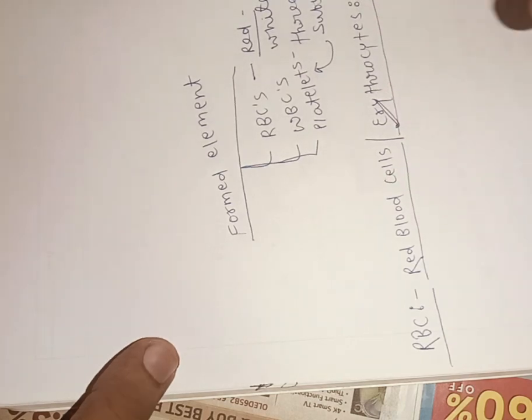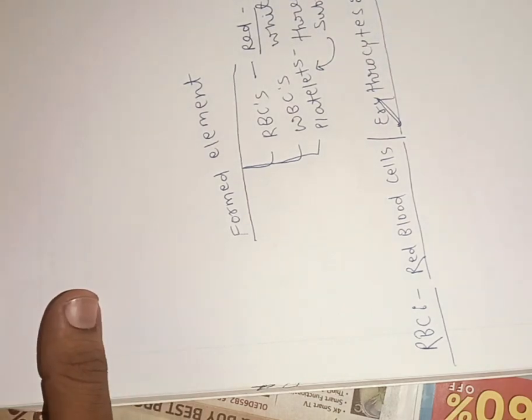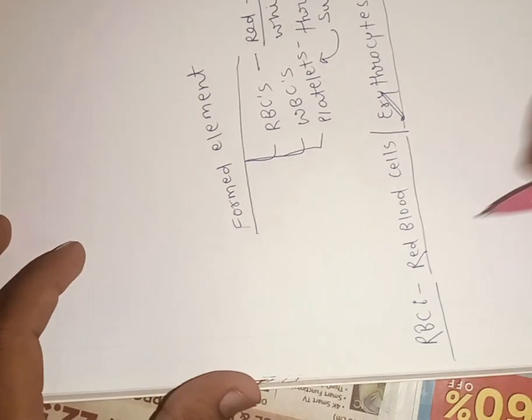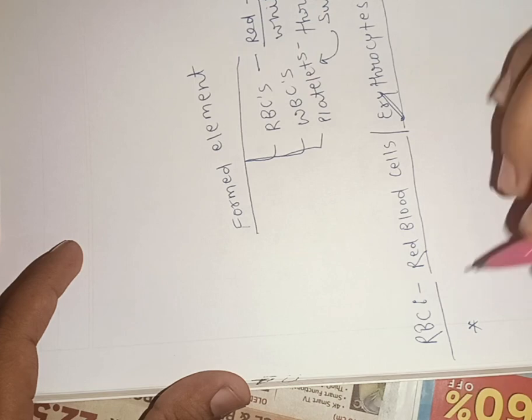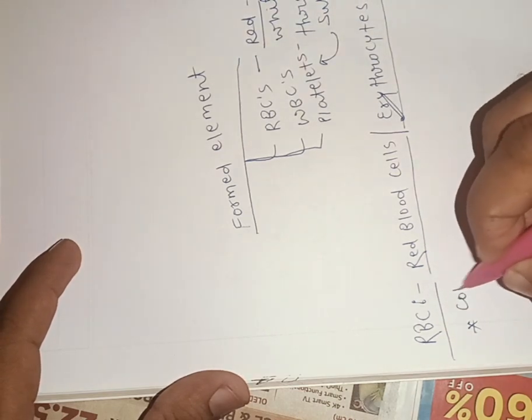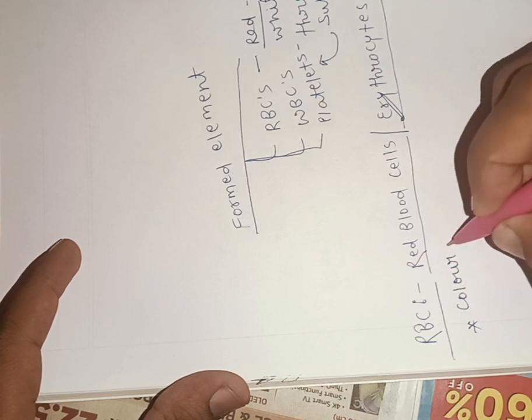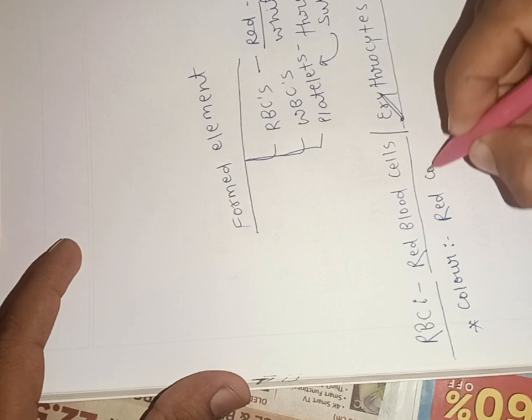Many types of questions are there. As we know, एक ऊपर का फ्लो का पार्ट लेके चल रहा है. Color of RBC is what? Red color.